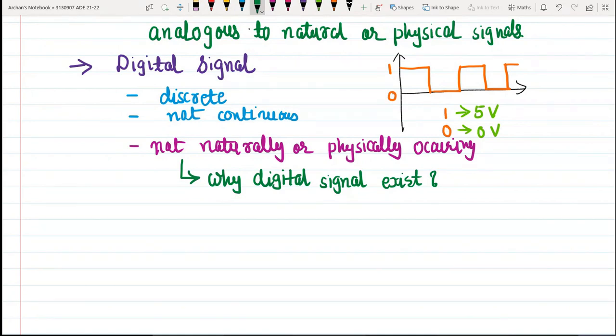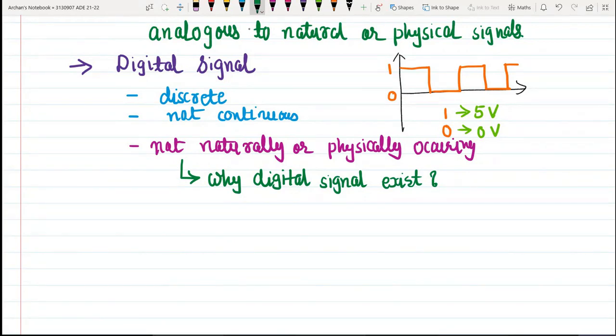But if digital signals are not naturally available, then why do they exist? Why are we generating them? If it is not naturally occurring, then definitely we are generating that particular signal, right? So what is the reason that we are generating these digital signals?